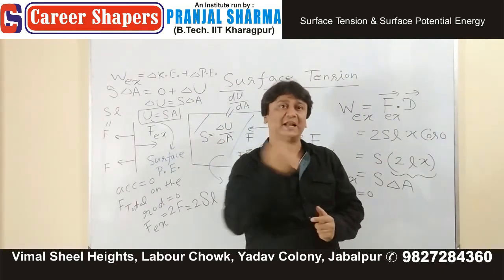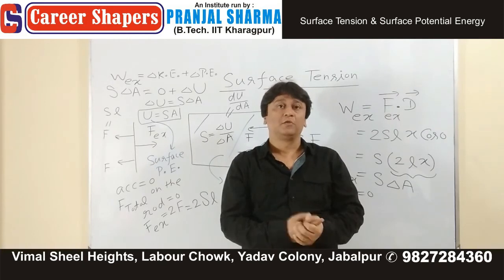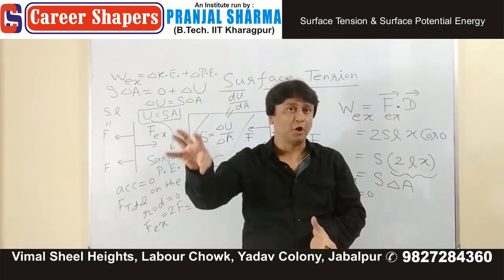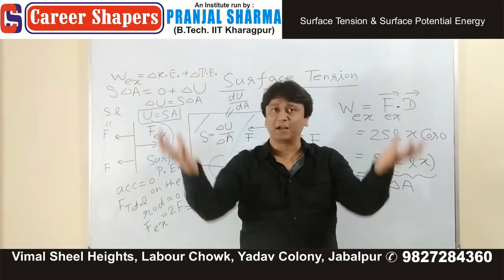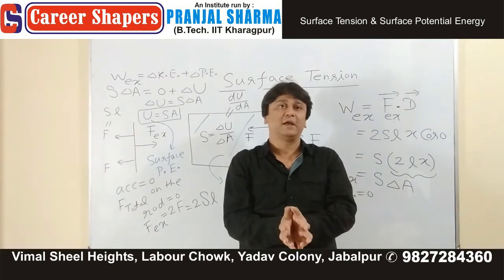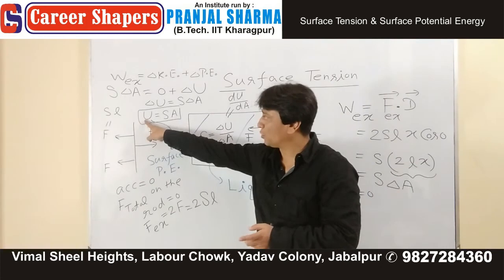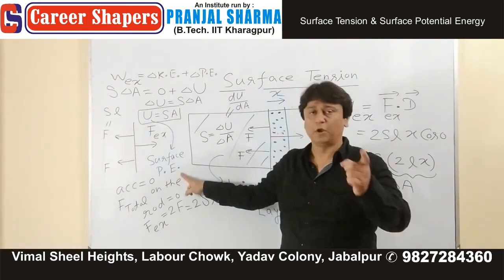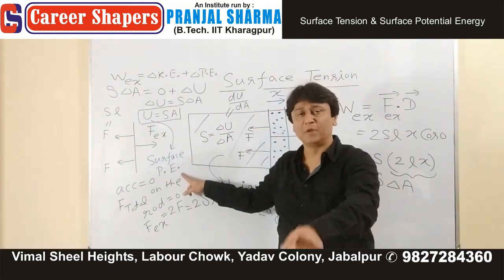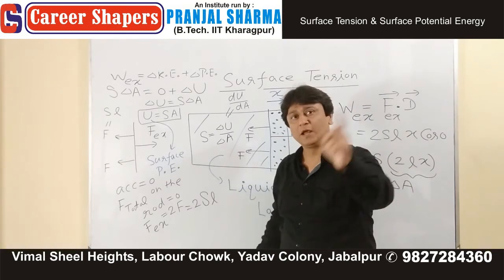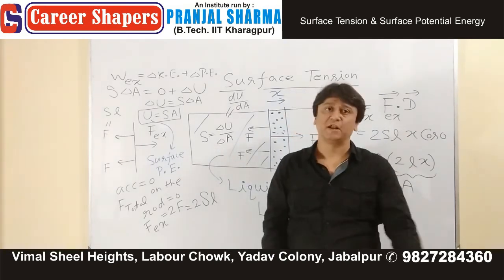Was it not cylindrical? The reason is, for a given volume, if it takes a spherical shape, then surface area will be minimum and therefore potential energy will also be minimum. And everything wants to be in a minimum potential energy state.